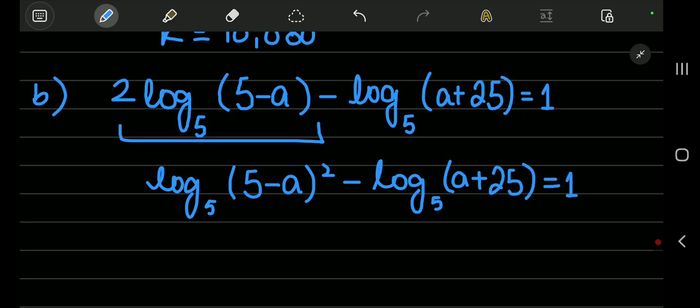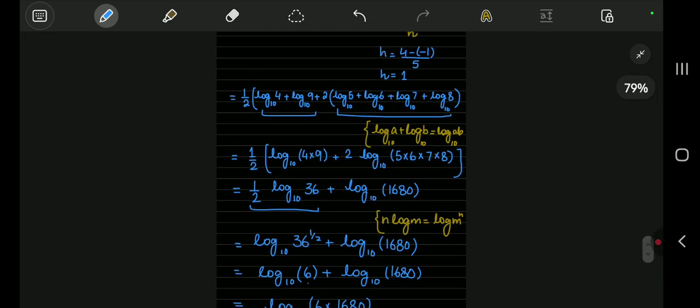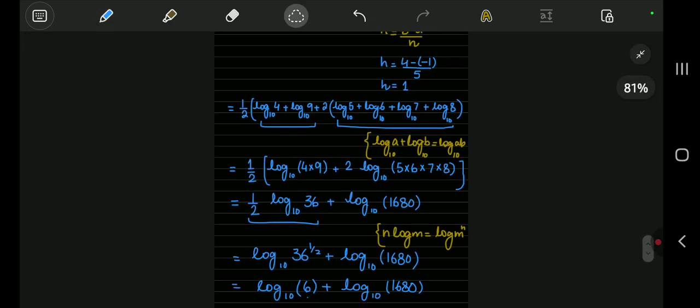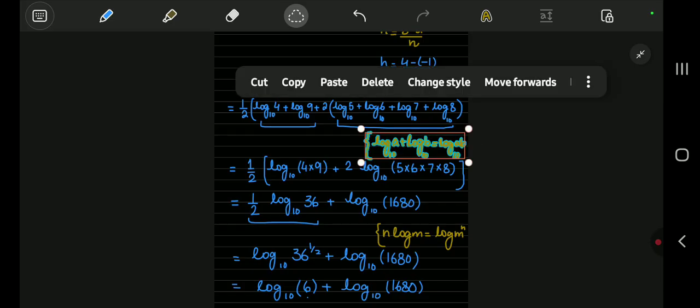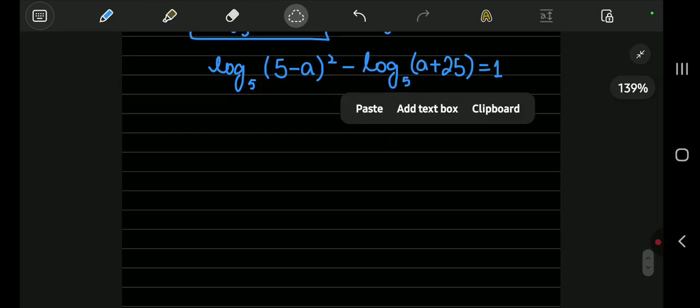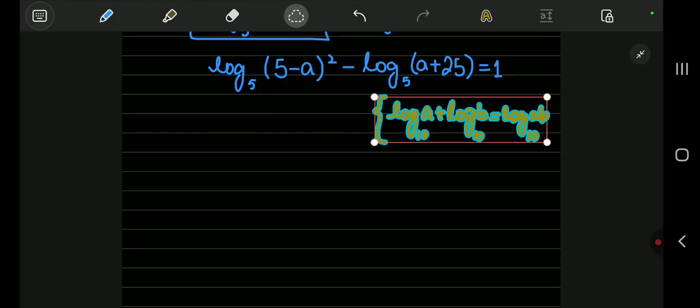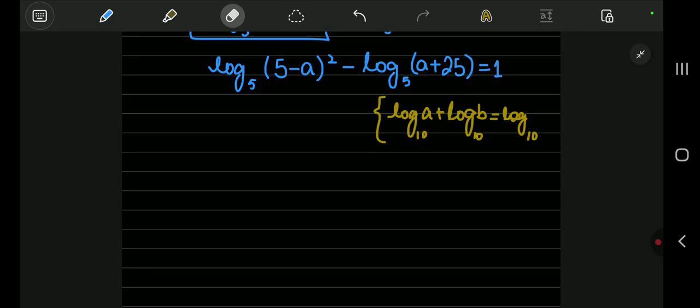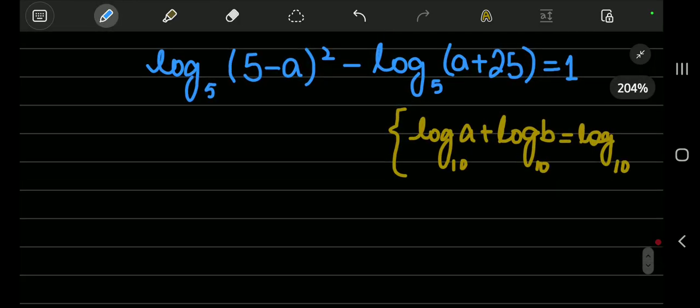When we have two logs that are added, we multiply them. In the same way, if two logs are being subtracted, they give you the division, so log a minus log b gives you log a over b.